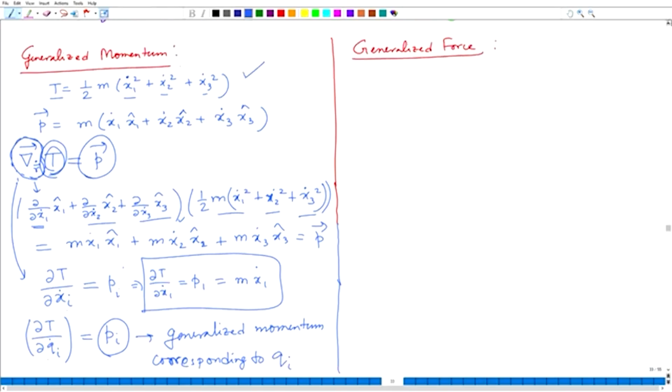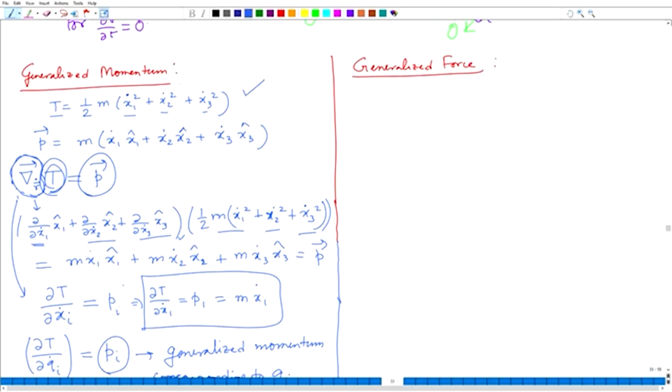Another concept is the concept of generalized force. For that we start by calculating the virtual work. Virtual work, if you remember, is given by delta W, which is equal to F dot delta R, and this F dot delta R I have already defined in the last lecture.